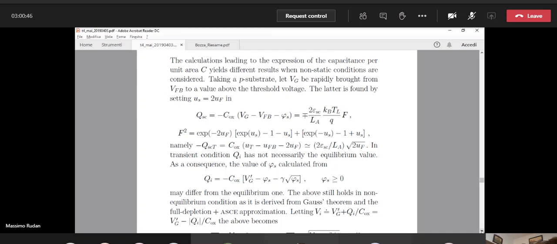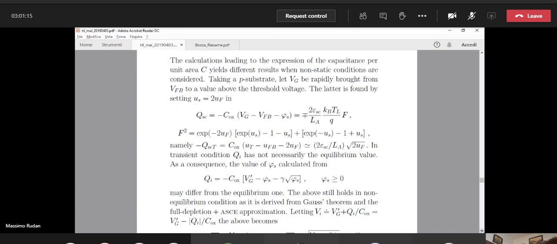The electron hole pairs that are generated in the depleted region are immersed in a very strong electric field, such that in this example, the holes are pushed to the substrate, whereas the electrons are attracted to the surface and they form the inversion layer.